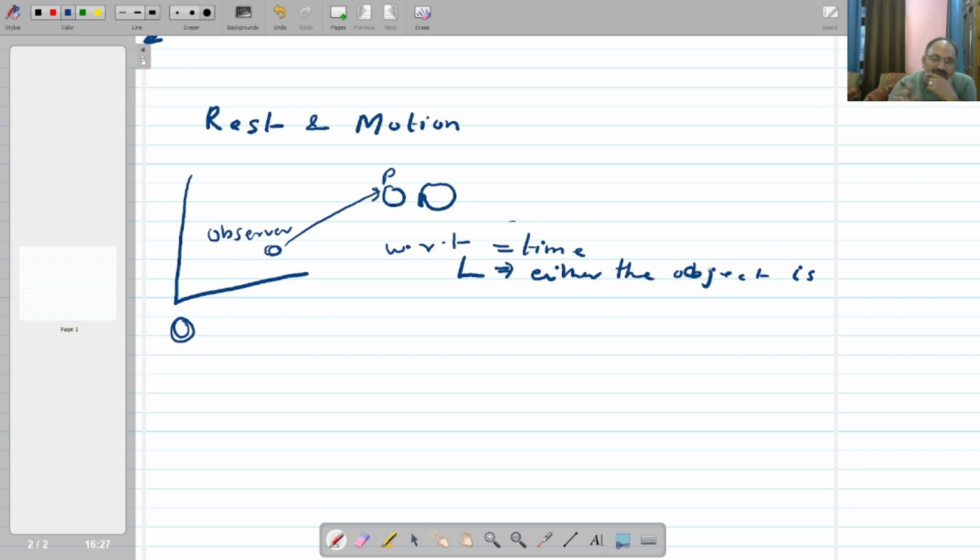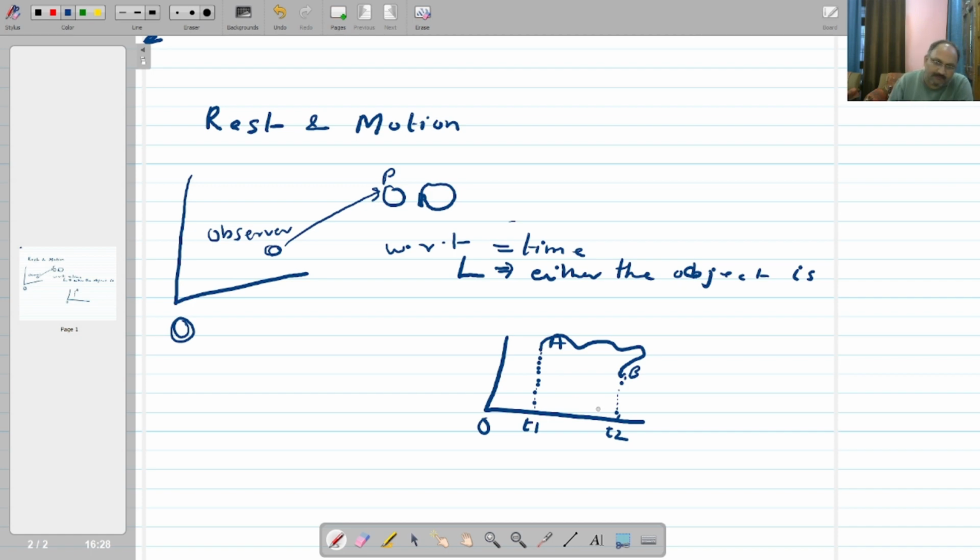So if the object is changing its position with respect to time, suppose we draw a coordinate axis with origin 0, the object is at position A at time t1, and the object is at position B at time t2, wherein t2 is greater than t1, no matter how the object has traversed the path, right?